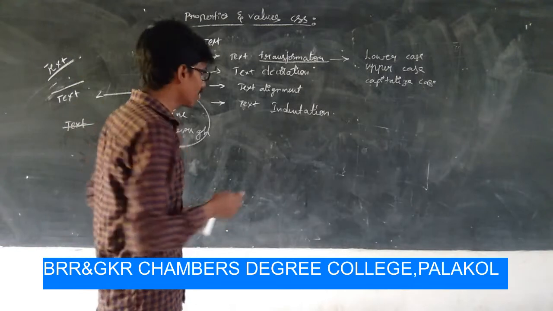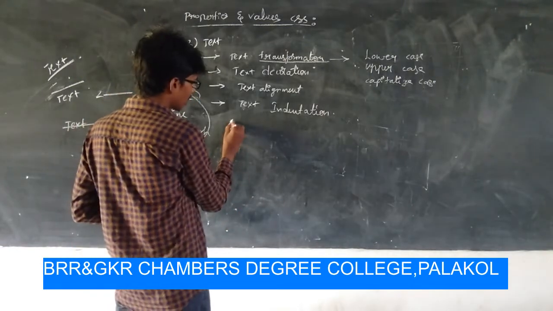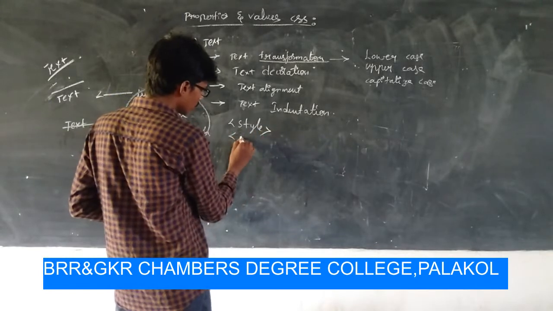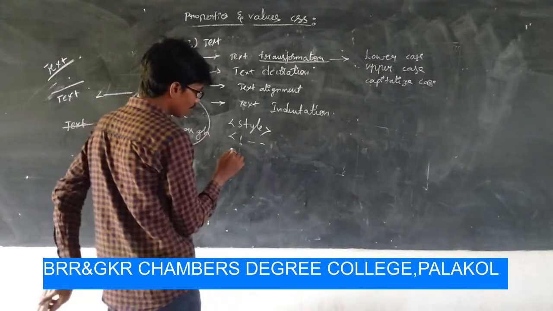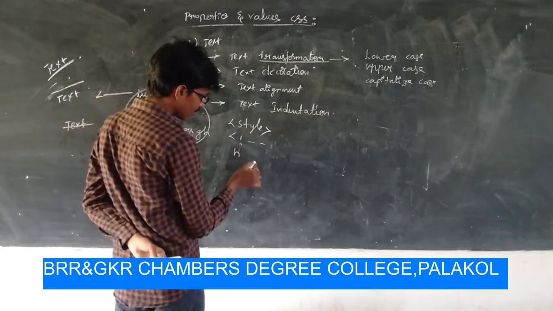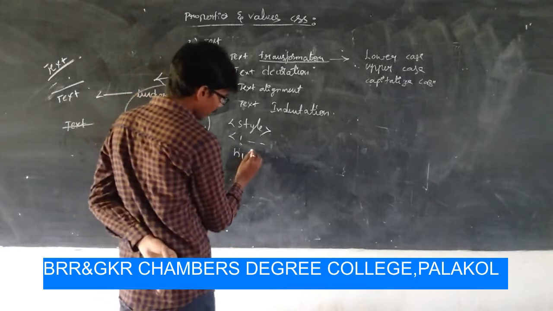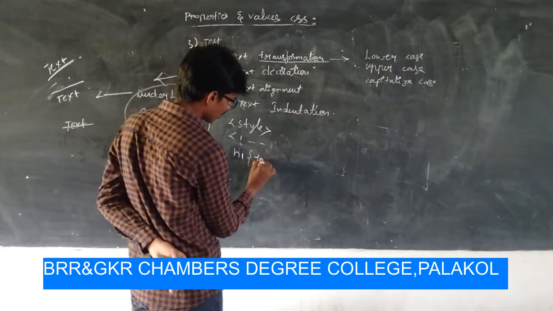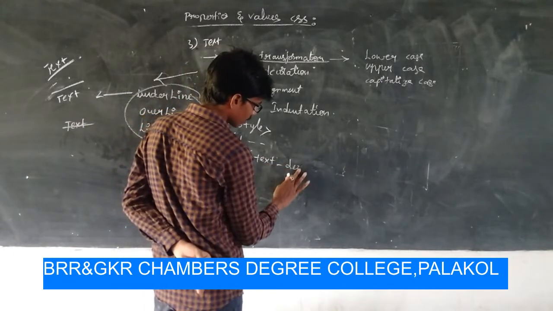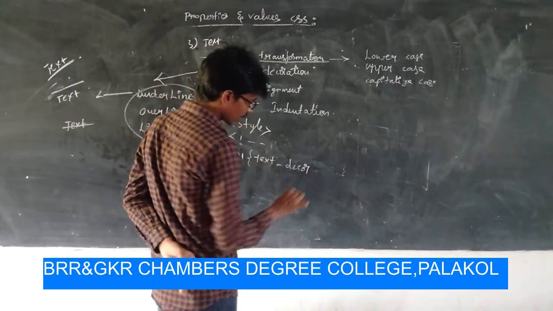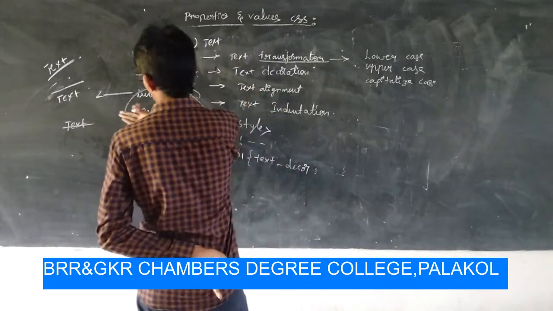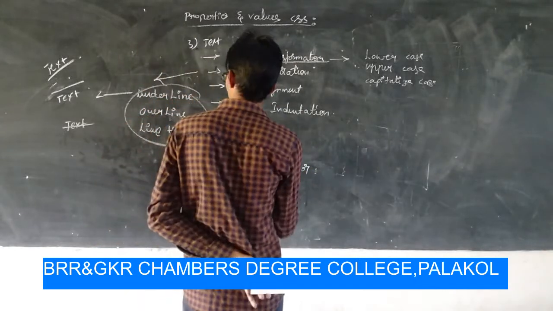By this we can represent it in the style part. For example, you represent the text for heading H1. There you mention the text-decoration property with its value, any of the three values, that is underline.